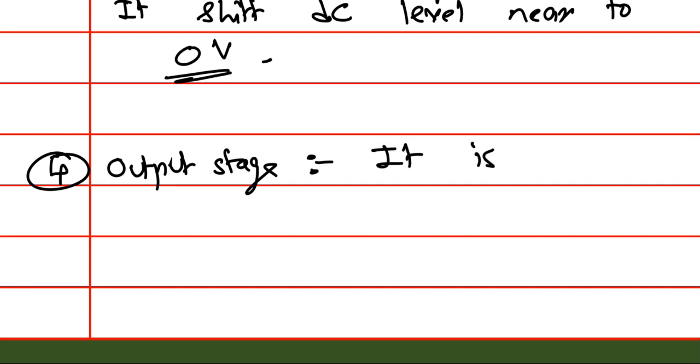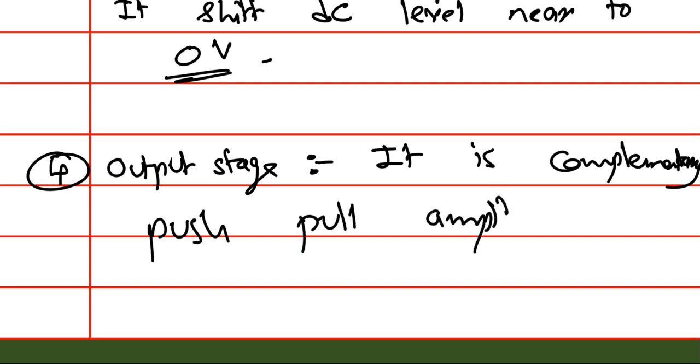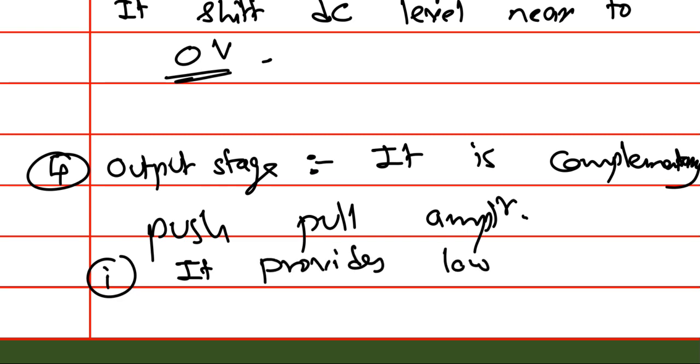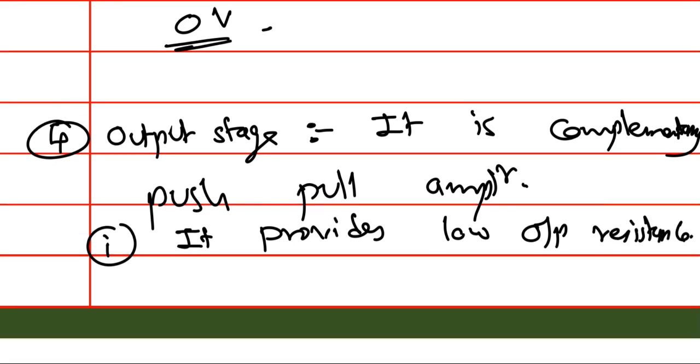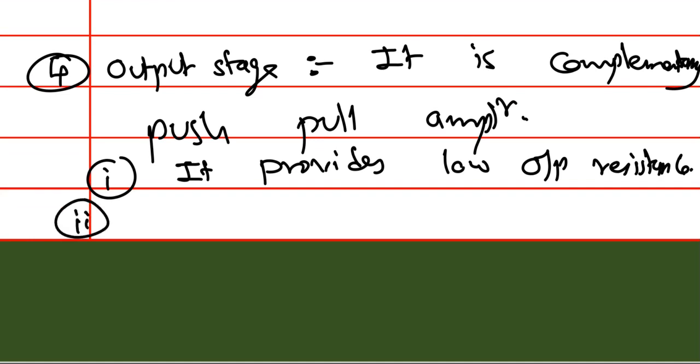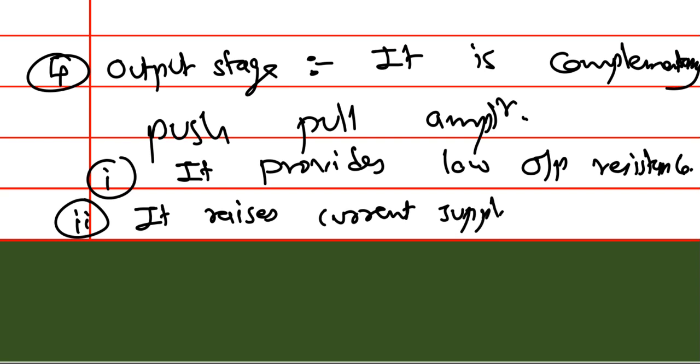It is a complementary push-pull amplifier. And what is the output stage doing? It provides low output resistance. Because of the complementary push-pull amplifier, we have low output resistance. And the second advantage of using a complementary push-pull amplifier is it raises the current supplying capacity to the load.